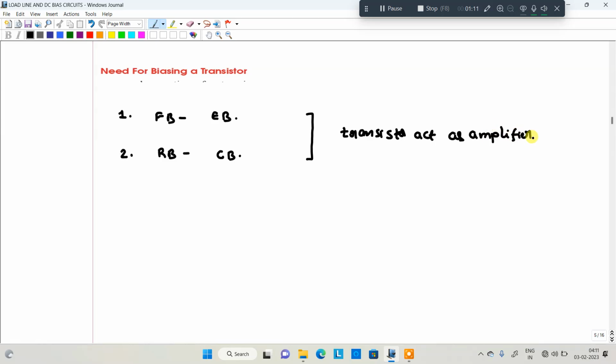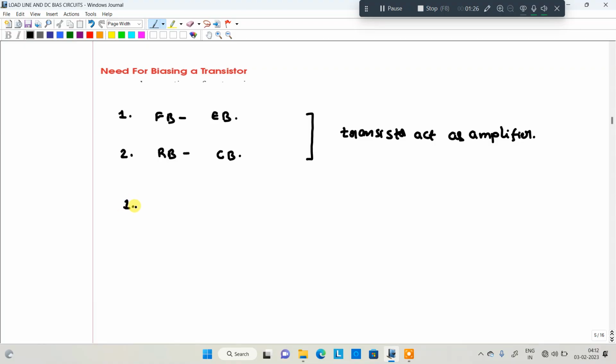Now we'll see what will happen if the biasing is not properly done. If biasing is not properly done, we face two effects.